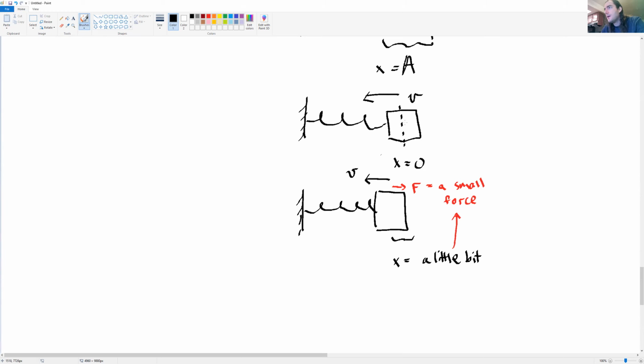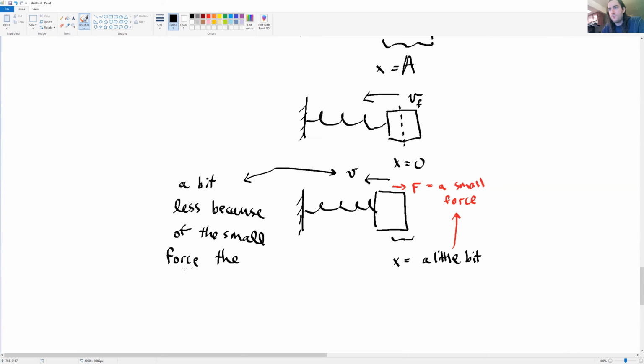So this velocity here, the velocity that we called V final before, is now a bit less because of the small force that is opposite the velocity. Okay, does that make sense?